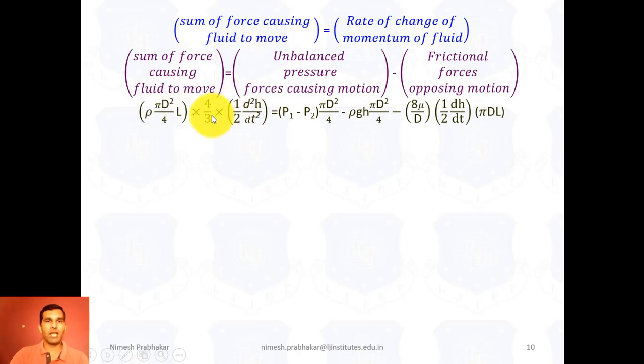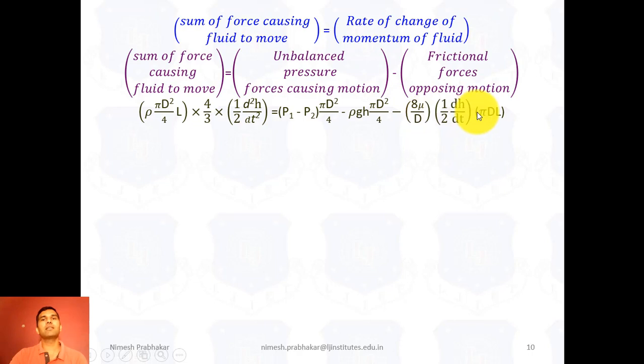The first term represents the rate of change of momentum of fluid, and it is equal to this term, which represents the unbalanced pressure force causing motion, minus this term, which represents the frictional force opposing motion.